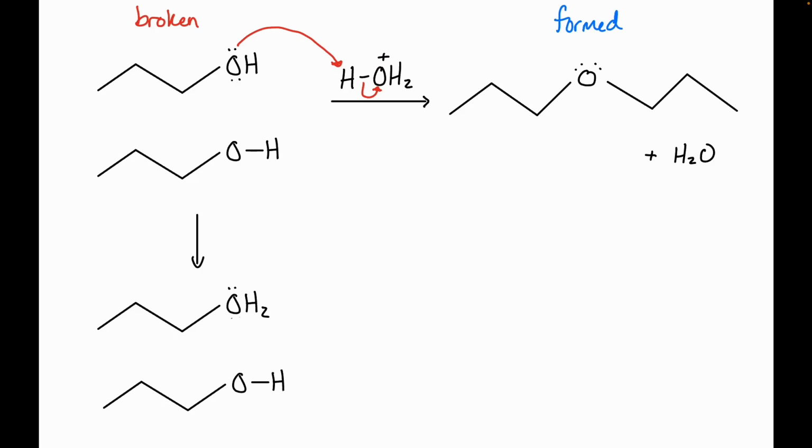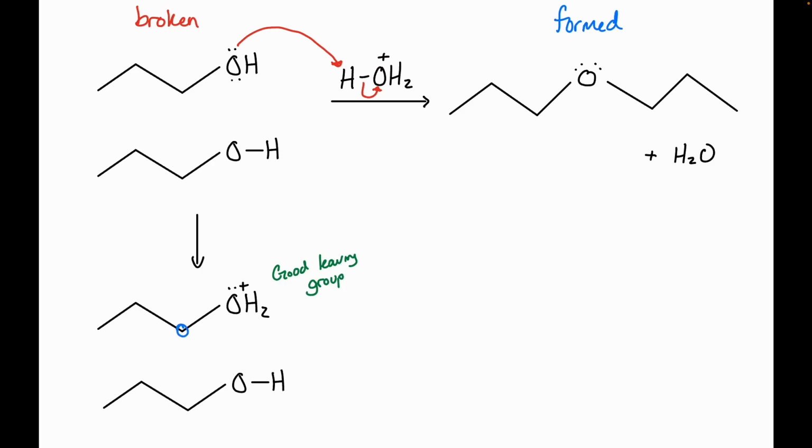Take off a lone pair, put a plus sign. And just like we saw in our previous chapter, that converted this alcohol group into this good leaving group, and that's what's going to get kicked off.